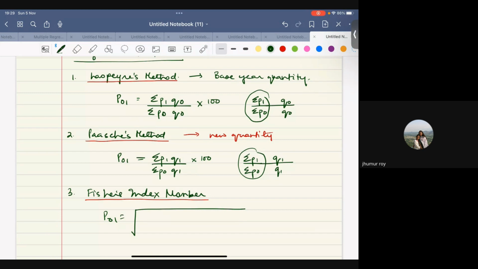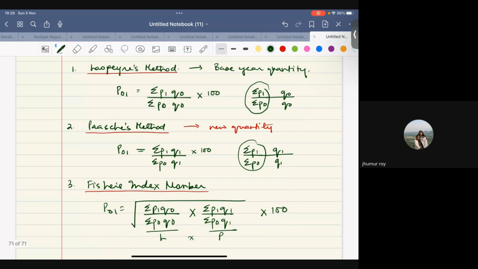So it is L into P. So how do you write? You will write the first formula. What is the first formula? Sigma P1 Q0 divided by sigma P0 Q0 multiplied by sigma P1 Q1 upon sigma P0 Q1 multiplied by 100. So this is your Laspeyres formula. This is your Paasche's formula. We multiply it.